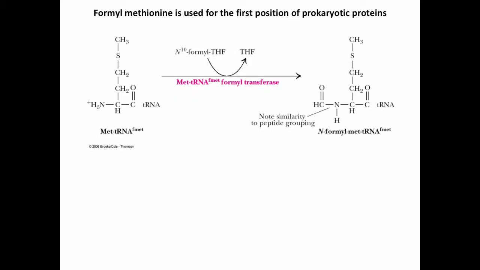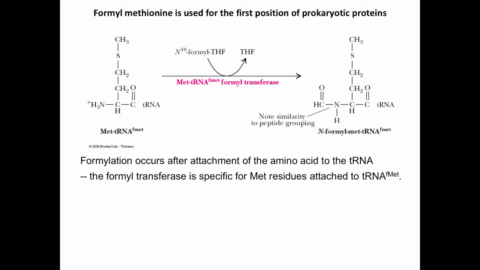And so this is the actual formylation of the methionine tRNA molecule. First, you have attachment of the methionine to the tRNA, and then this enzyme, Met-tRNA fMet formyl transferase, will transfer a formyl group to the amino terminus of the methionine.